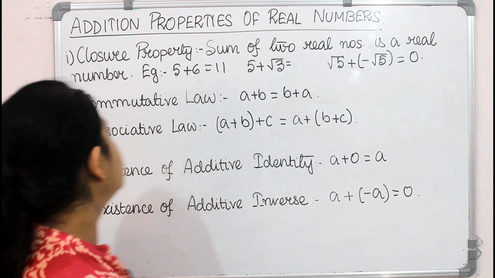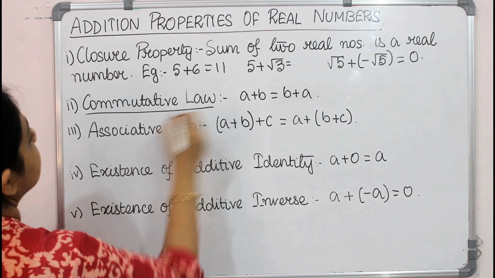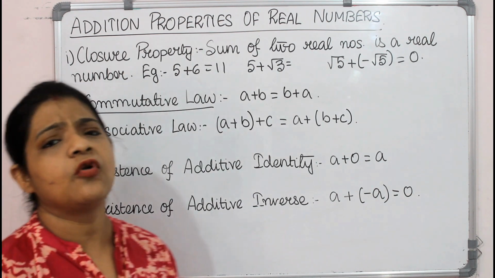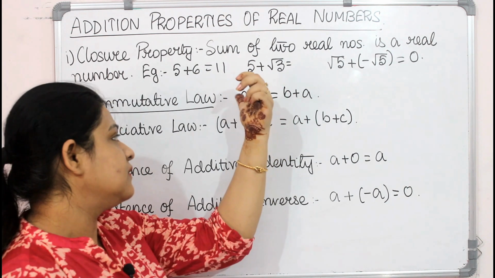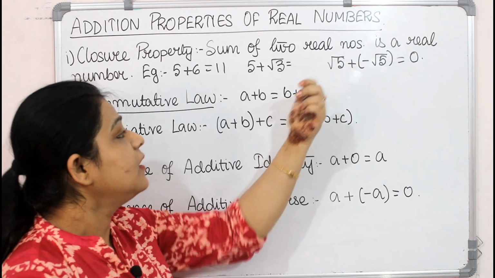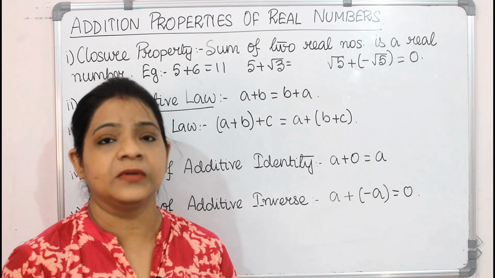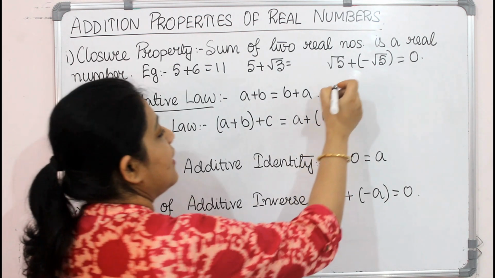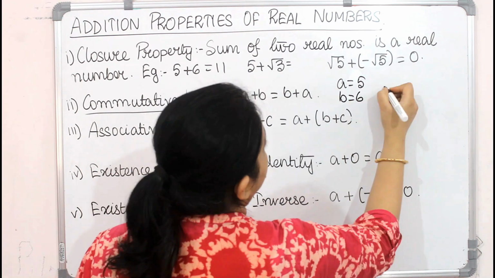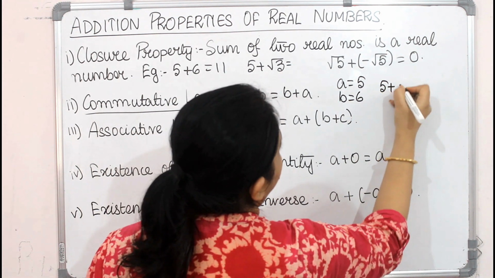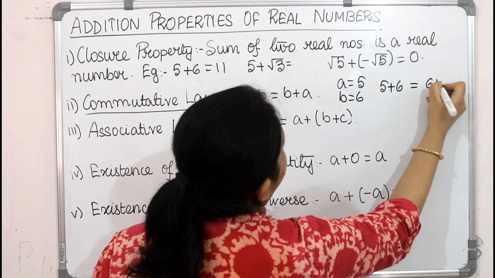Okay, so come to the second property, that is commutative law. So commutative law everybody knows. When you add two numbers, suppose a plus b will always be equal to b plus a. Like if I write a equal to 5, b equal to 6, so 5 plus 6 is always equal to 6 plus 5.